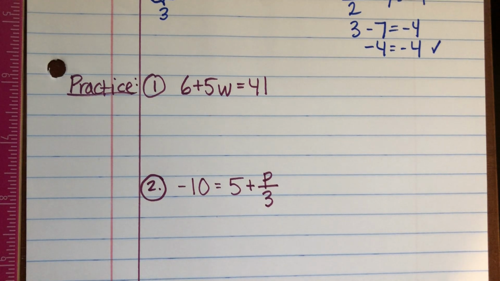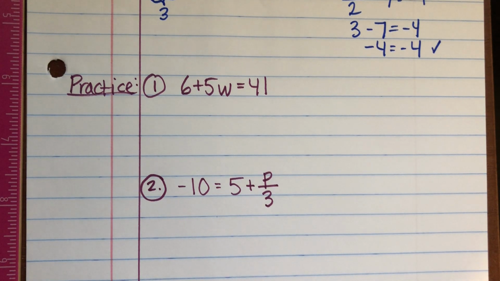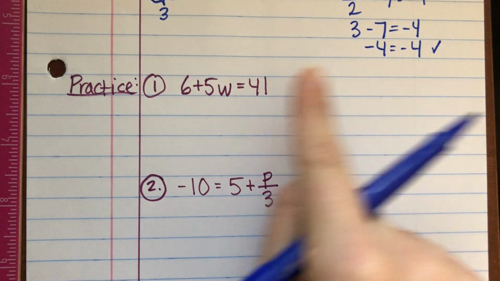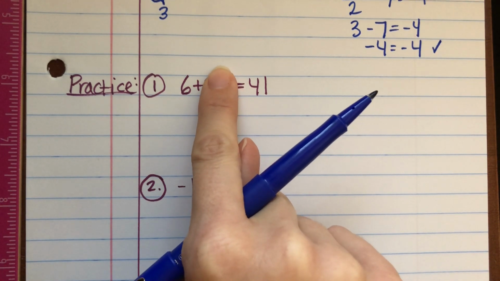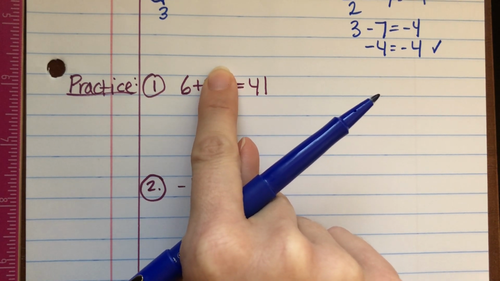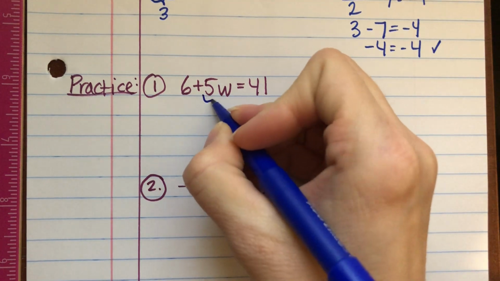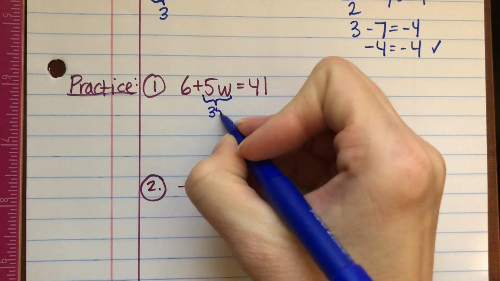All right, hopefully you've had a chance to look at these. If you didn't pause it and do these problems, pause it now and do them. For the rest of you, let's get started. I always cover up the part that has the variable in it. And I'm going to say, well, what would I add to 6 to get 41? It would be 35.